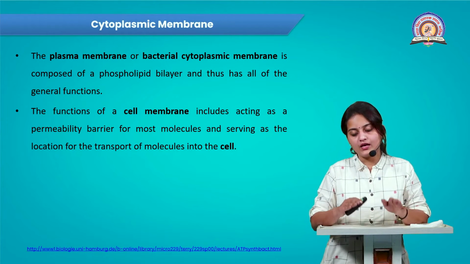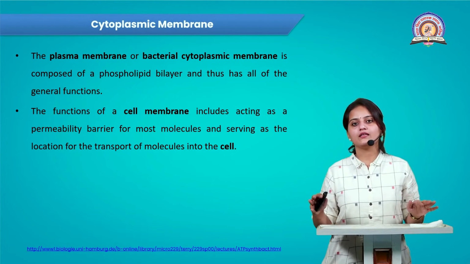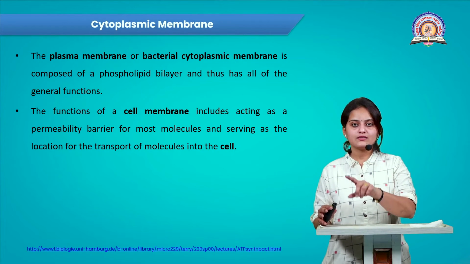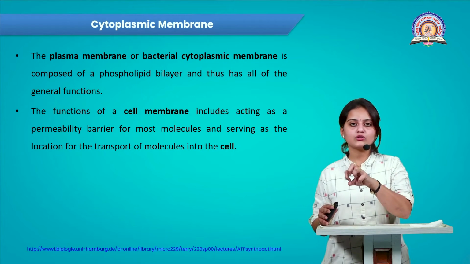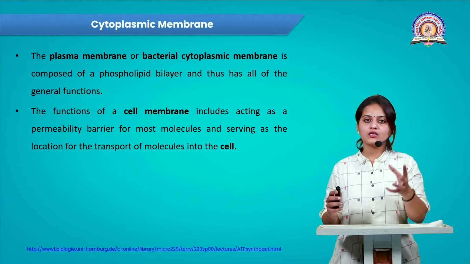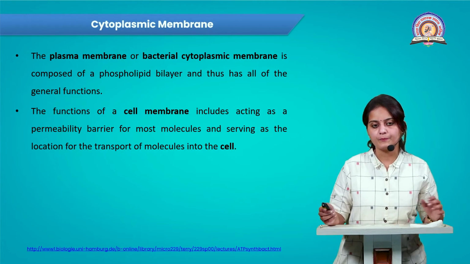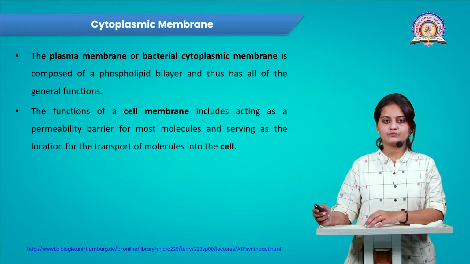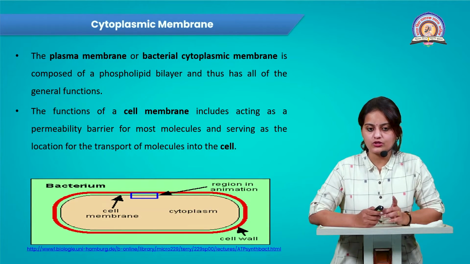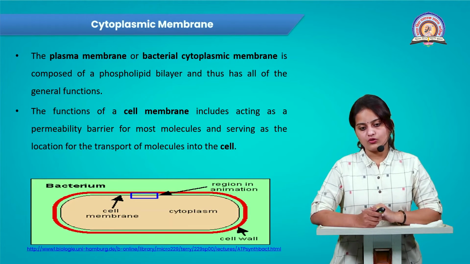In the same way, the cytoplasmic membrane is responsible for maintaining the balance of molecules. It doesn't allow the cell to shrink because of lack of water, or to burst because of the entry of lots of water molecules. So this is the structure of the cytoplasmic membrane exactly beneath the cell wall.